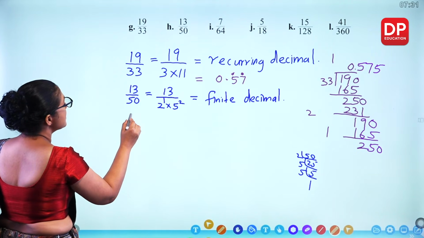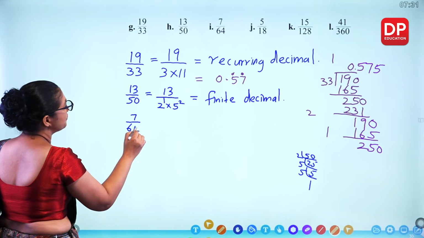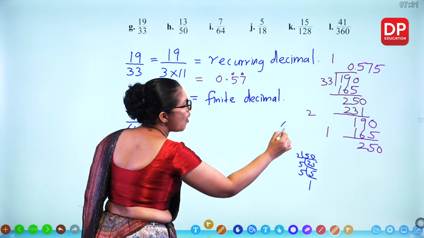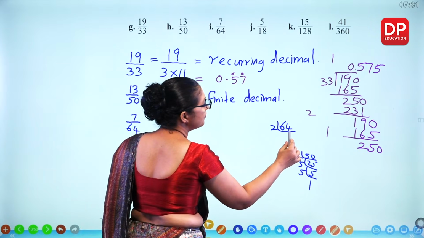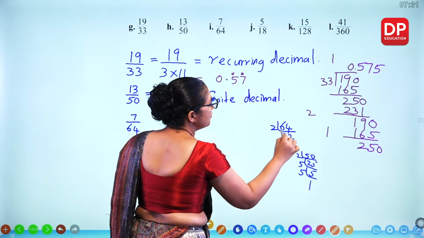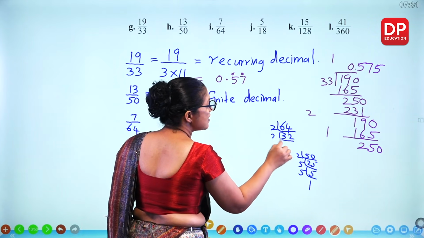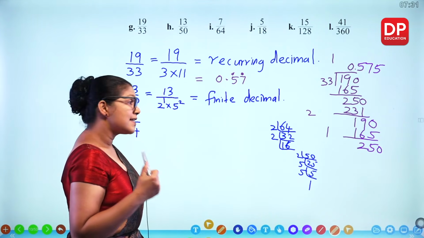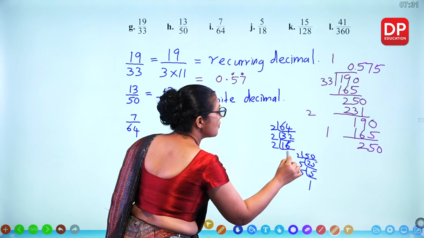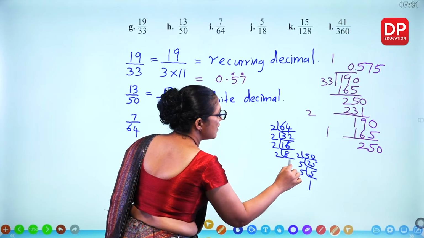Third one, 7 over 64. 64, how can we write down? We know 2 to the power 6 is 64. We'll just divide and see.